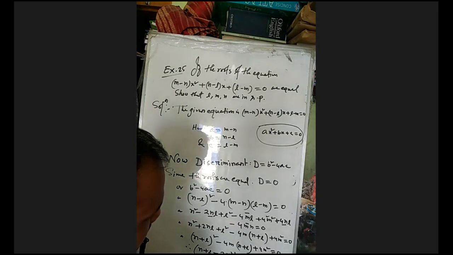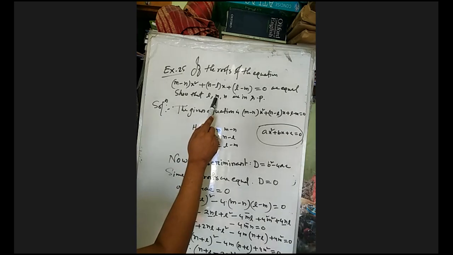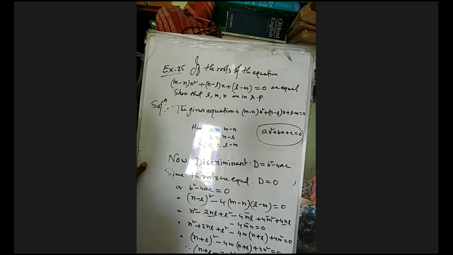Hence l, m, n are in AP, arithmetic progression. l is the first term, m is the second, and n is the third term. So the middle term equals first term plus third term divided by 2.